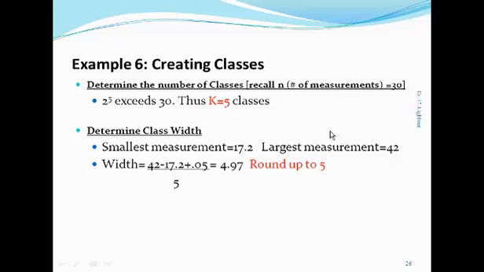You should have started by determining that we should use k equals 5 classes in order to summarize our n equals 30 data values. You then should have computed your class width to be 4.97. In order to make our process of defining classes easier, you should have rounded this value up to 5.